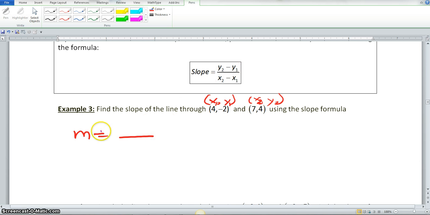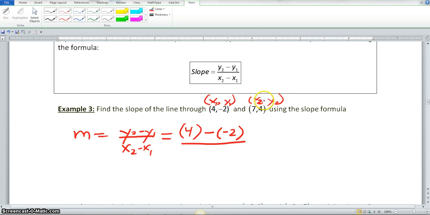Now we have the formula here. Remember, m also represents slope. So we would substitute. But first, let's write the formula again. y sub 2 minus y sub 1 over x sub 2 minus x sub 1. Now, y sub 2, we know it'll be the y in the second ordered pair. So that would be 4. Minus y sub 1, the y in the first ordered pair.